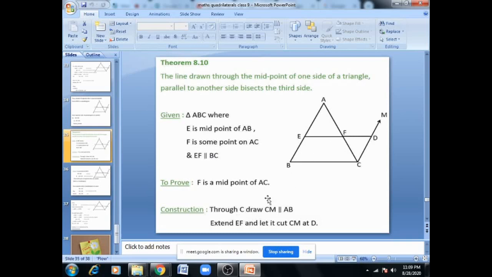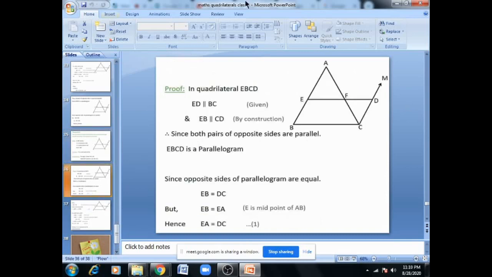To prove this theorem, from vertex C we'll draw a line CM which is parallel to AB, as we have done in the earlier theorem also, and extend this line EF so that it meets CM at point D. So in quadrilateral EBCD, ED is parallel to BC.